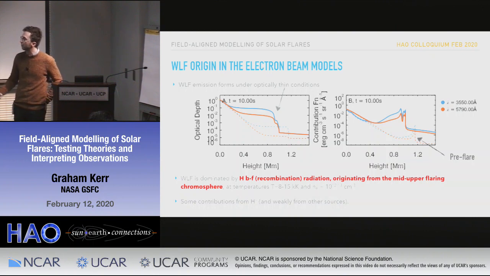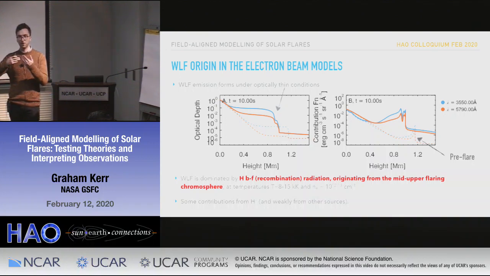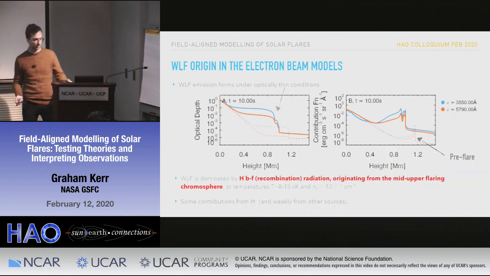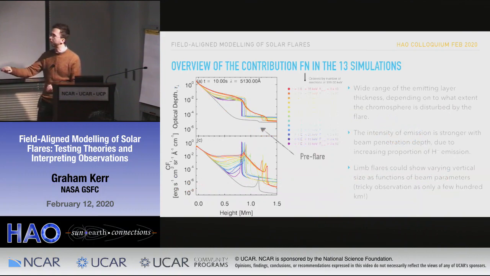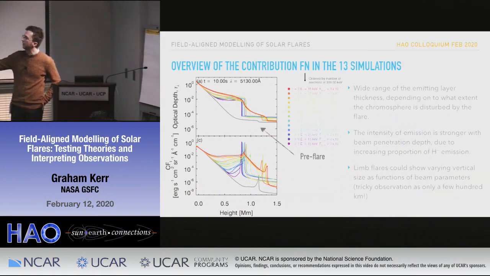And there was some contribution from H minus opacity, but it was optically thin H minus opacity, so you're increasing the temperature on the way to the photosphere, producing some H minus, but not enough to make it optically thick. And this is just an overview of all the simulations to show that even in the most deeply penetrating cases, we get optically thin emission from the chromosphere.